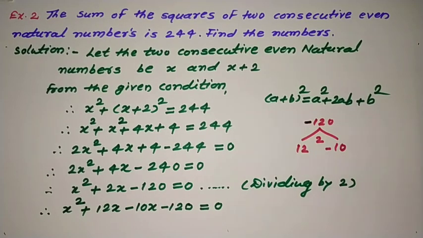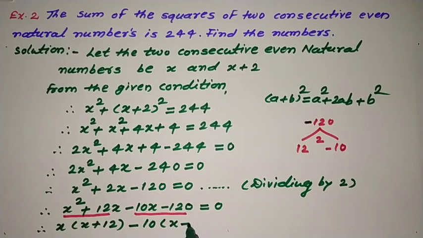Find the common factor in these two terms and in these two terms. First two terms common factor is x, remaining part x plus 12, and second two terms minus 10 is common, remaining part is x plus 12.